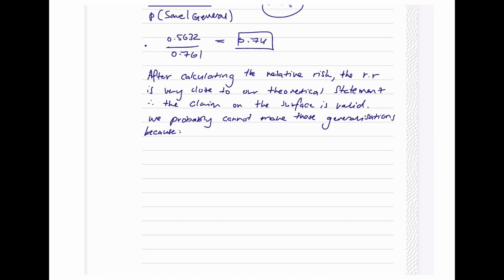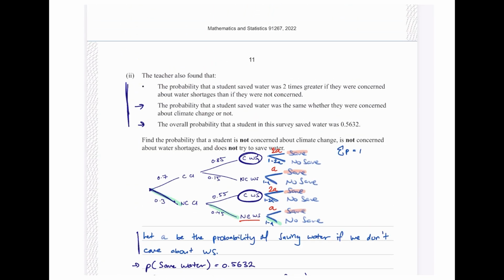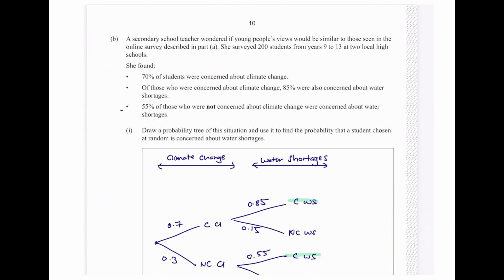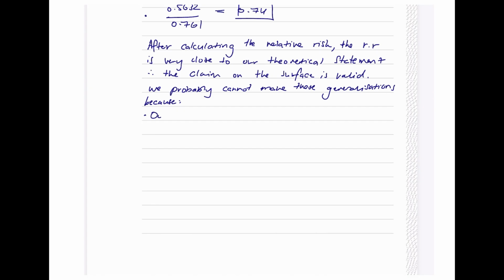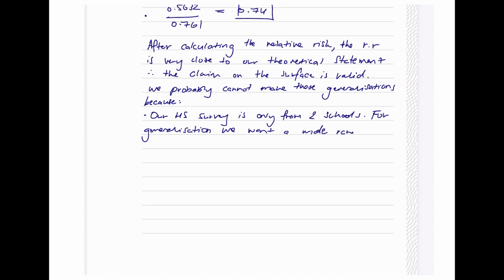So first of all, if we remember, the high school survey only surveyed 200 people from 2 high schools. So our high school survey is only from 2 schools. And for generalization, we want a wide range of data.